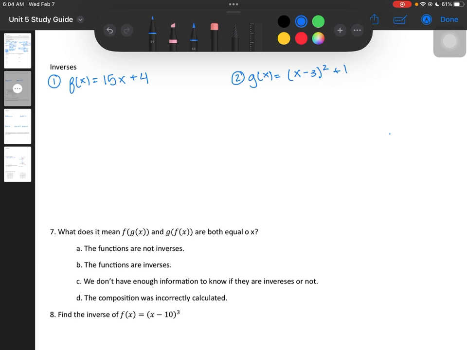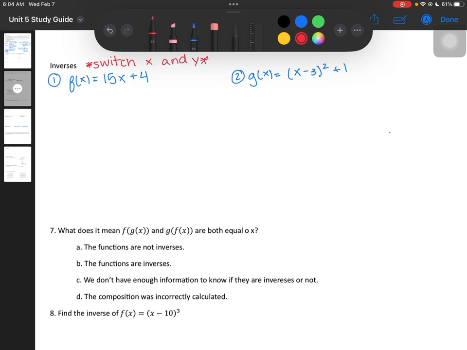So we had 4 quick steps that we were using to solve inverses, and the only math part is solving each equation. So whenever we are talking about inverses, we want to think switch x and y. This is true whether the question is talking about a graph or a table or an equation. Just remembering to switch x and y is the basics of any inverse problem.